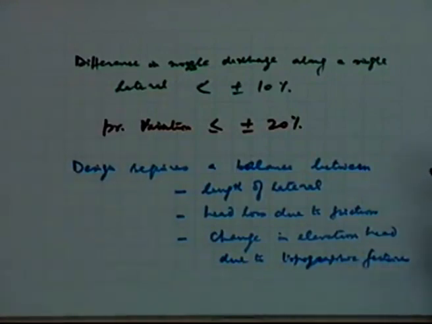Now, it's possible that in some situations, if you are going upslope, you are increasing the difference between the pressures. On the contrary, if you are moving downslope, you are reducing the difference in pressure.